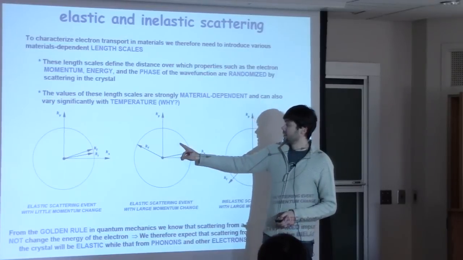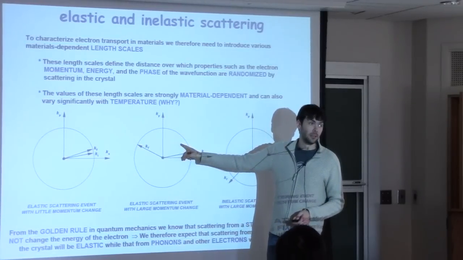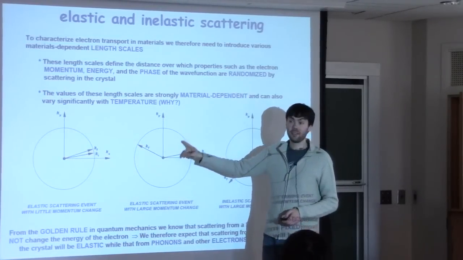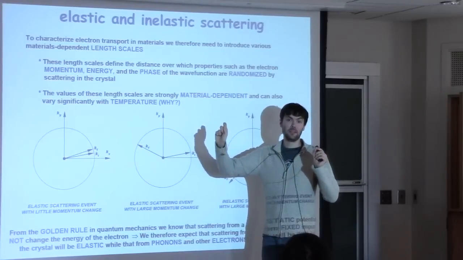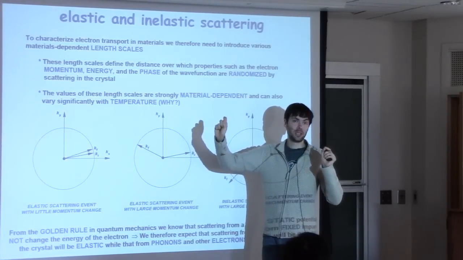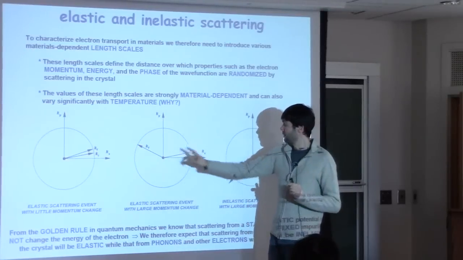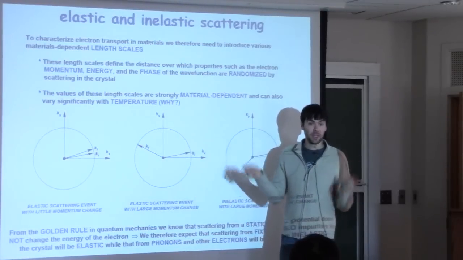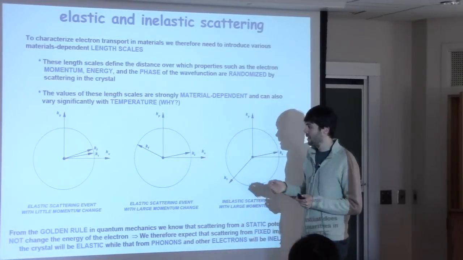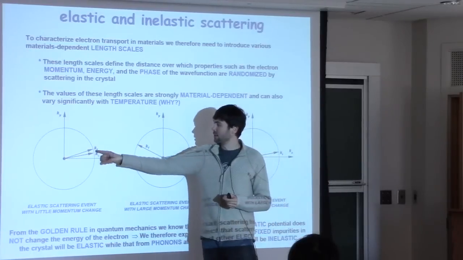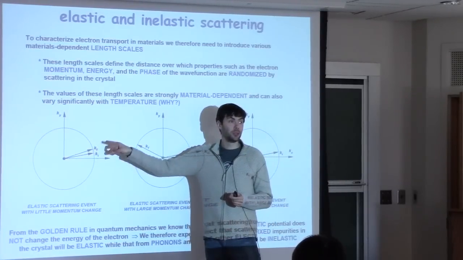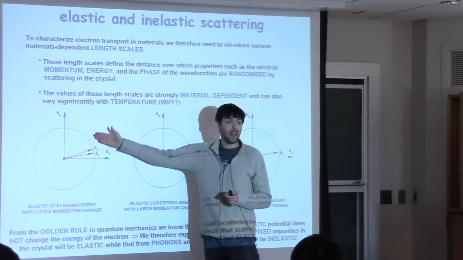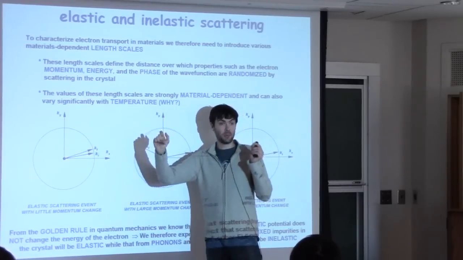For elastic scattering with large angle, mean free path is simply the distance between two such scattering events, because after just one event the momentum is completely randomized. But if you're dealing with small angle scattering, you could undergo 10, 100 of these events and still there'll be some correlation.